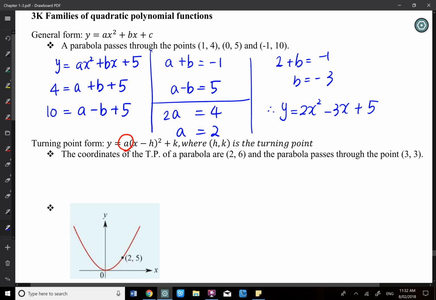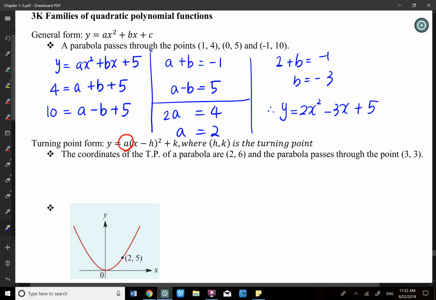So there's no point using the general form. General form is the hardest way of finding the equations. You can use the turning point form, then expand it and find the general form. If you have no choice, then use the general form. If you have a turning point or 2 x-intercepts, definitely do not use the general form. It saves you a lot of time.